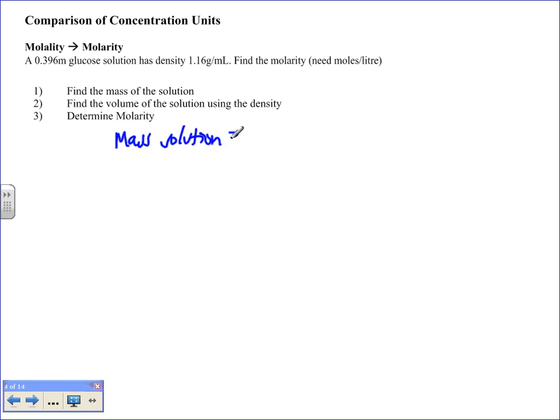The mass of the solution is the mass of the glucose that we have plus the mass of the solvent that we have. In a 0.396 molal solution, this is 0.396 moles per kilogram of water.